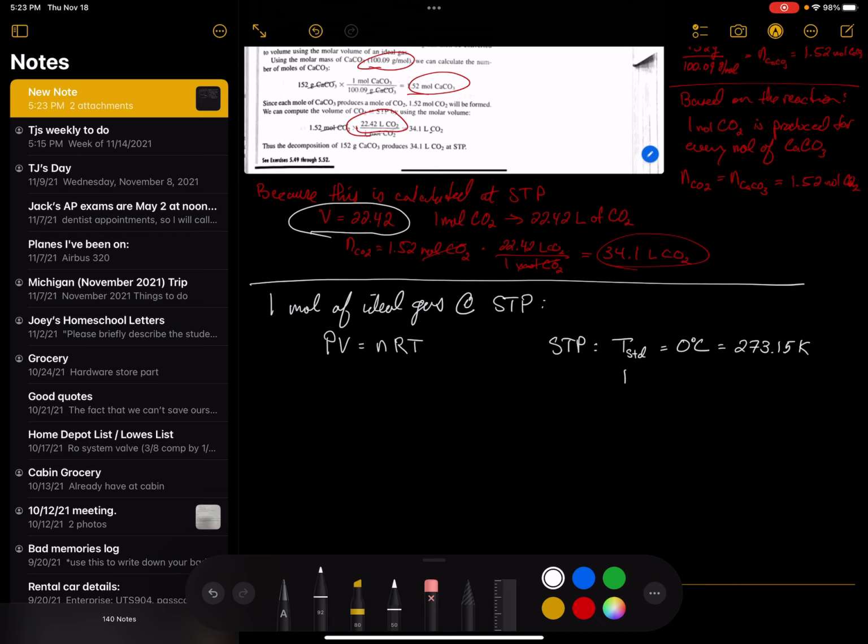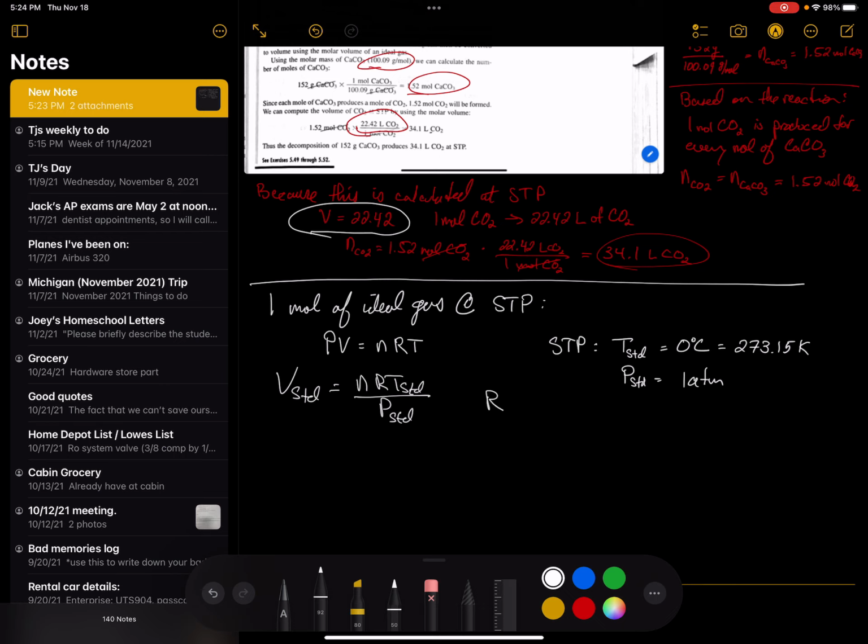The standard pressure, P sub STD, is 1 atmosphere. So we can plug these two quantities along with our gas constant into the ideal gas equation and learn that the standard volume, V sub STD, is equal to nRT sub STD divided by P sub STD.